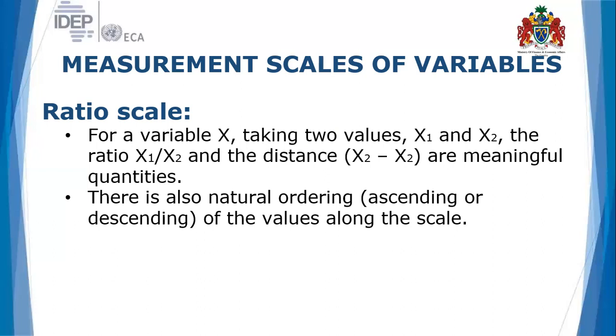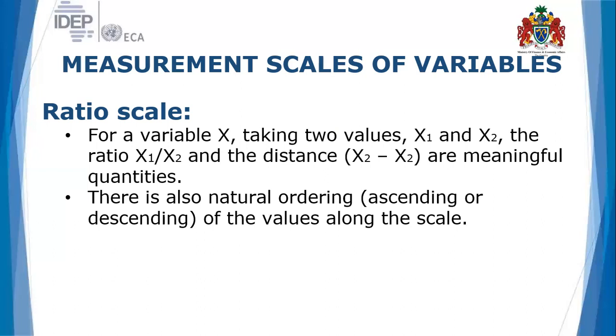There is also natural ordering, that is ascending or descending, of the values along the scale. So ratio scale data will have these three properties.